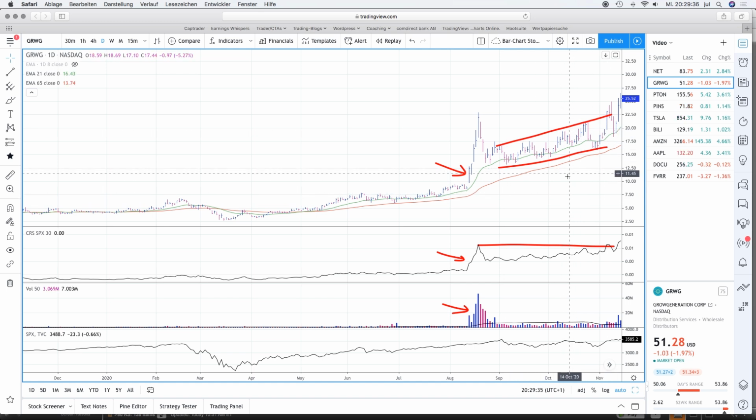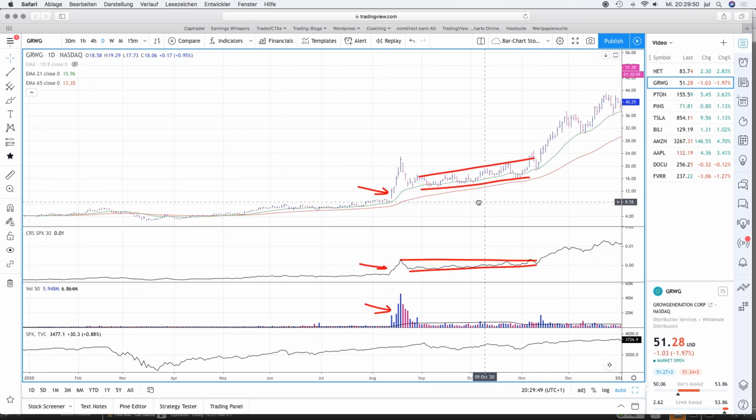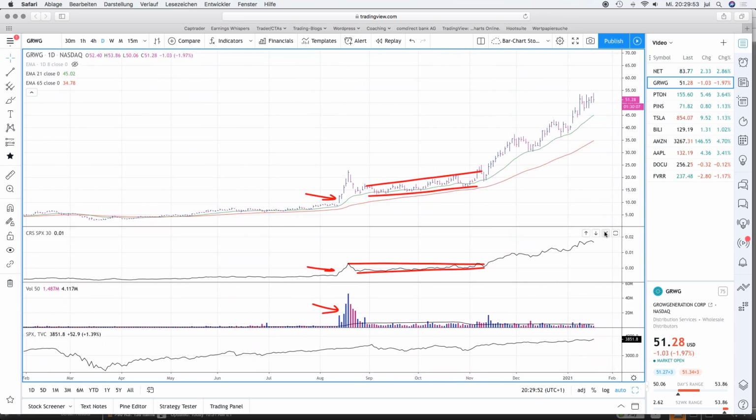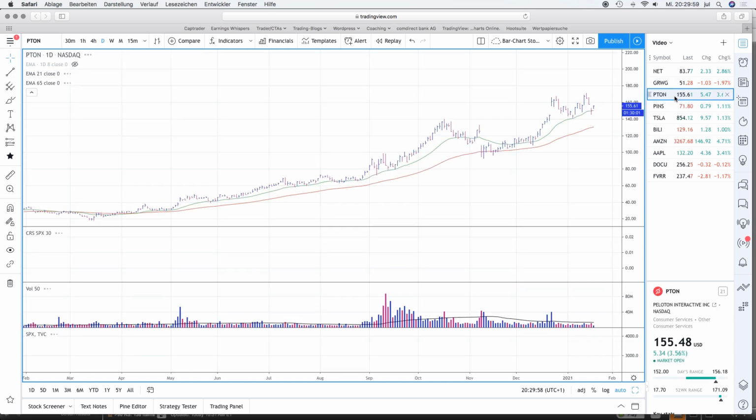We will come to that in a minute. But again, you can see here the slope is still upward, so everything is okay. It's not so strong at that moment, but it's in a consolidation, and then you can see the stock is skyrocketing, and in that situation also the RS line is in a very steep uptrend.